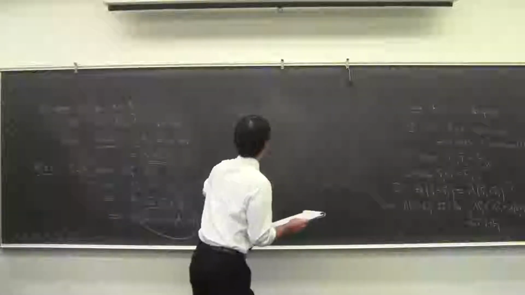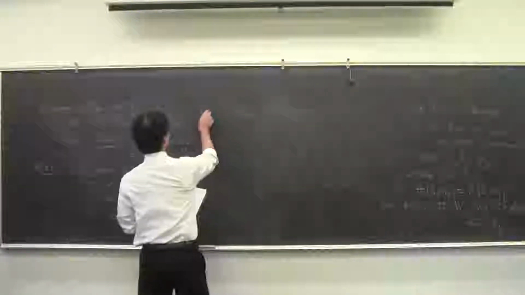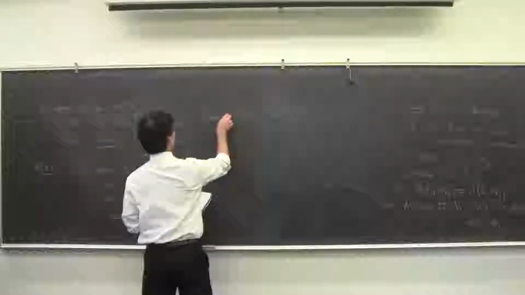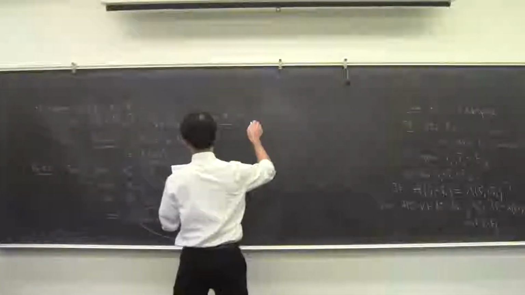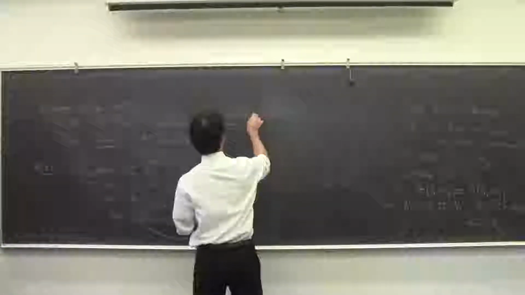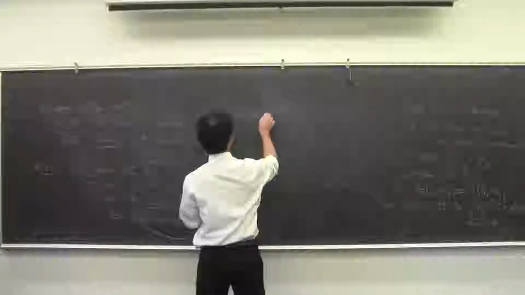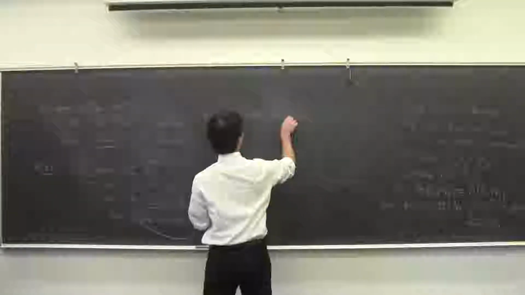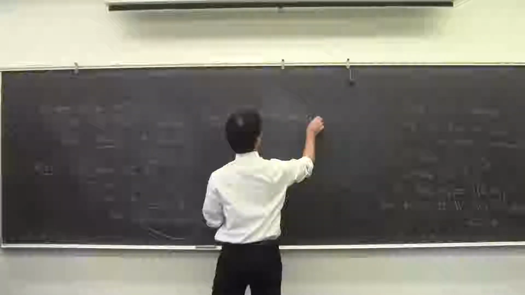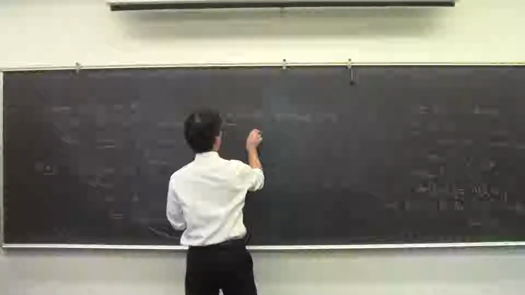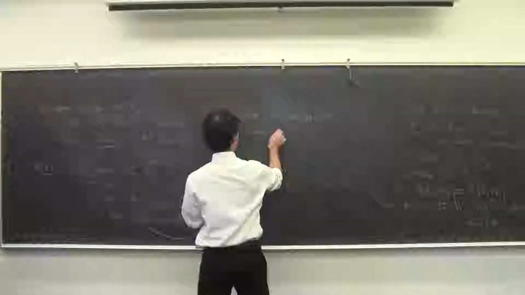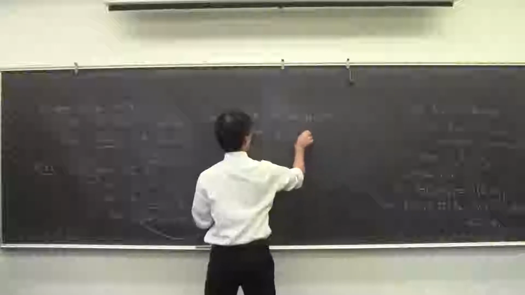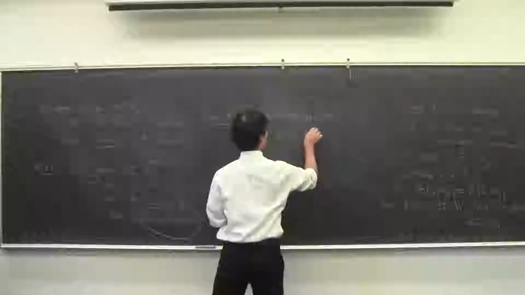Okay, exercise number 2. So explain to me why a number lambda is an eigenvalue of the matrix A if and only if the determinant of A minus lambda I is 0.